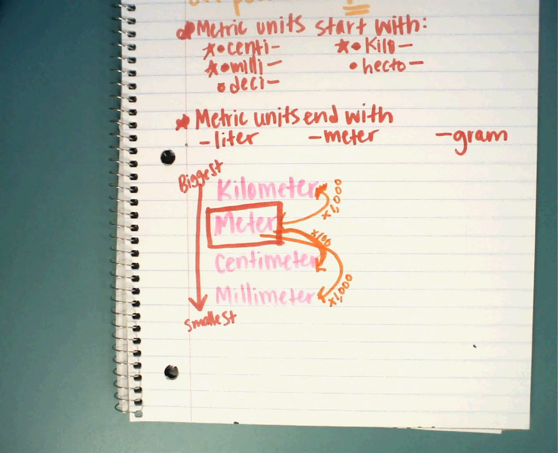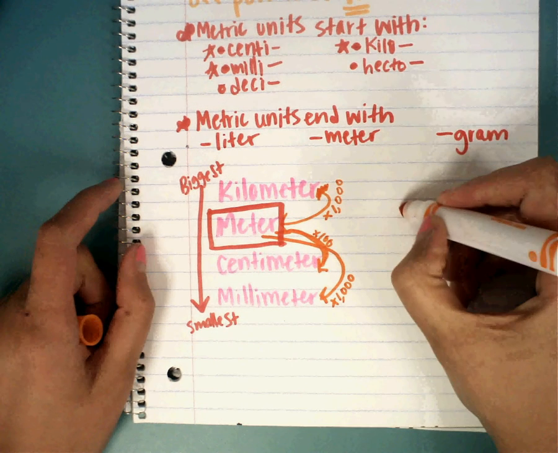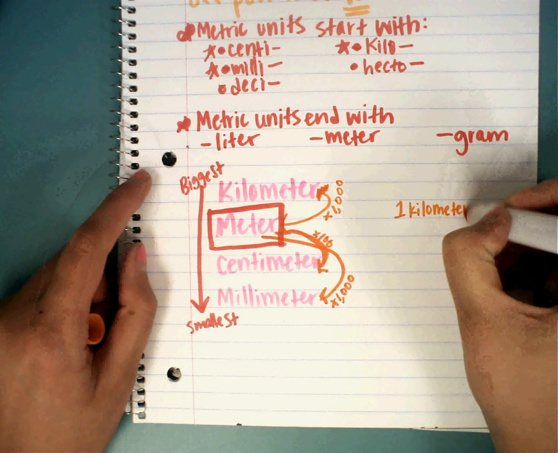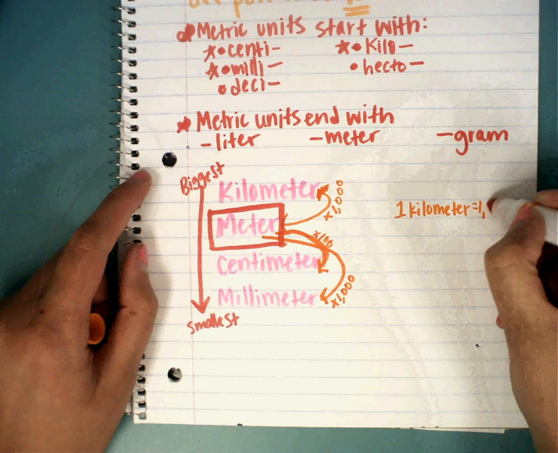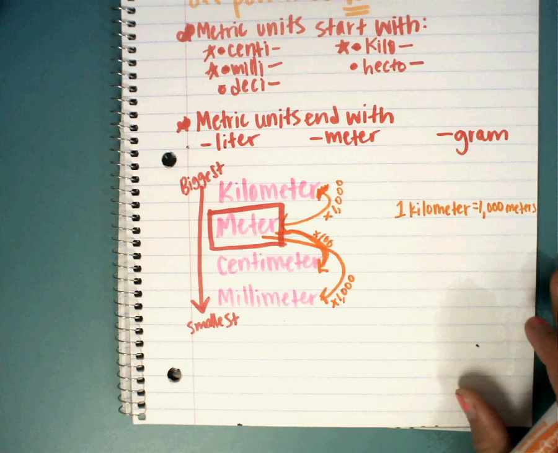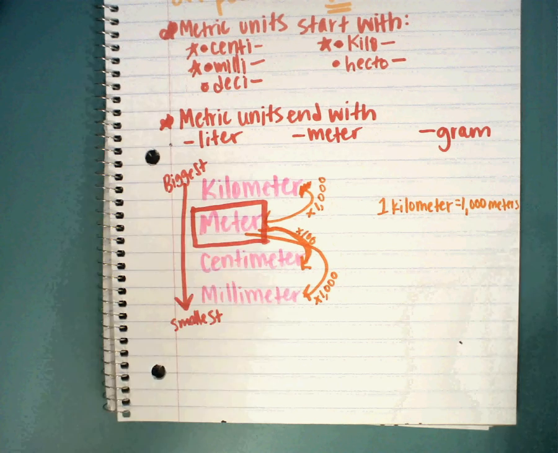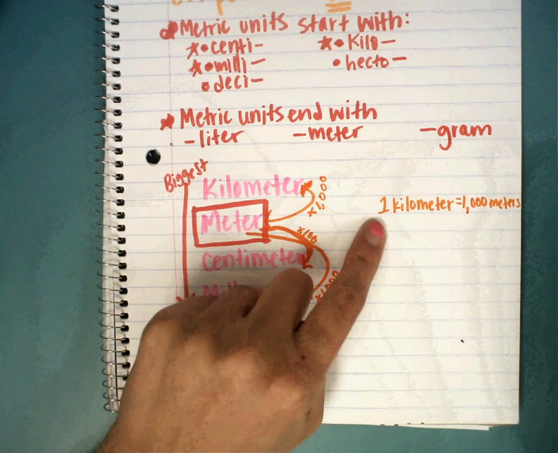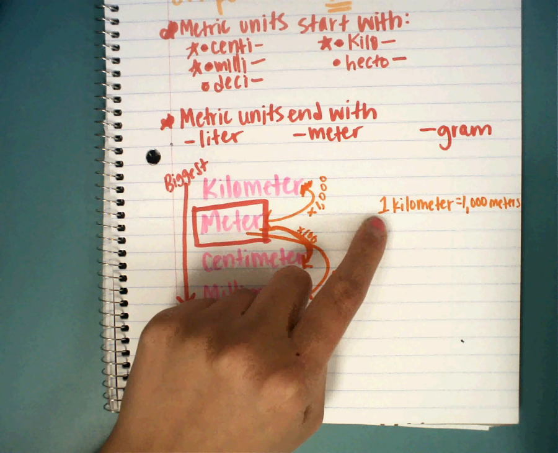So let's do a little key over here. 1 kilometer equals 1,000 meters. That's our only one that has 1 kilometer. Remember the 1 always goes with the bigger one?